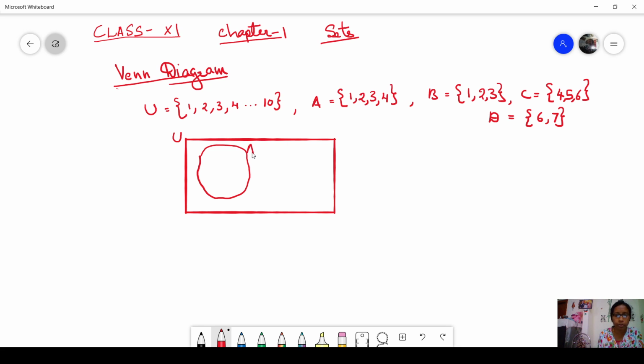So whatever elements are there in A, I can write in this, 4, and remaining elements not in A can be written outside A, that is 5, 6, 7, 8, 9 and 10.